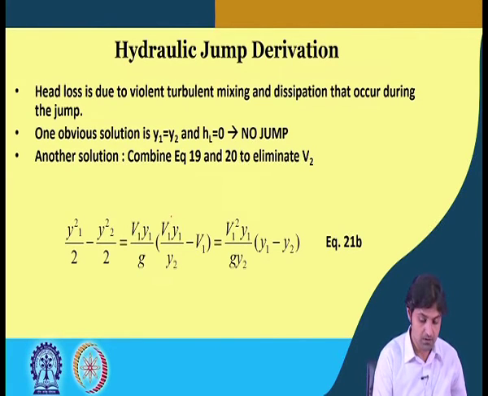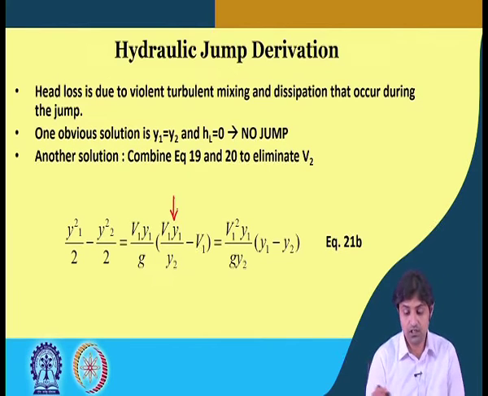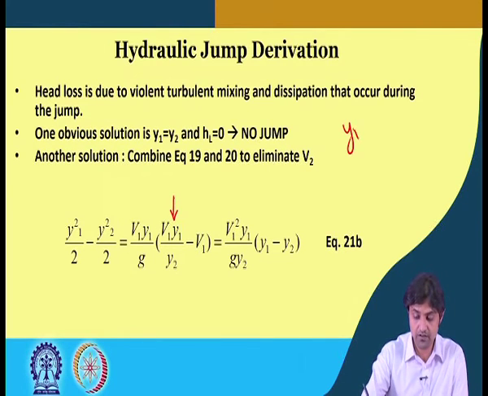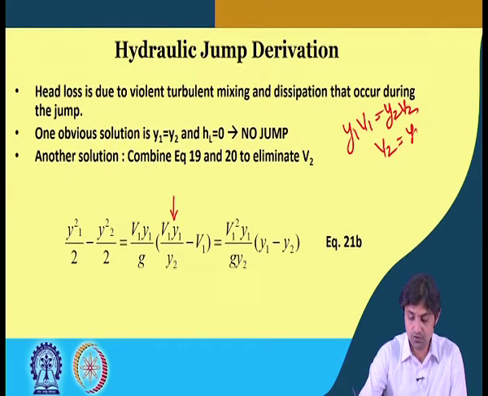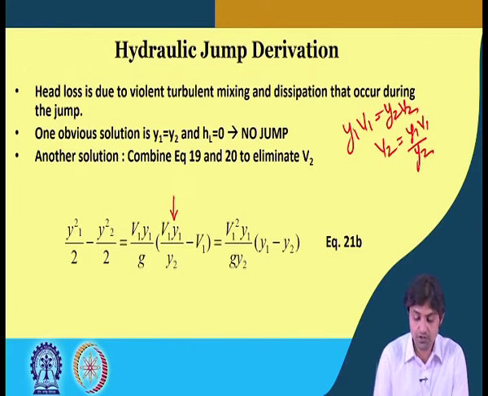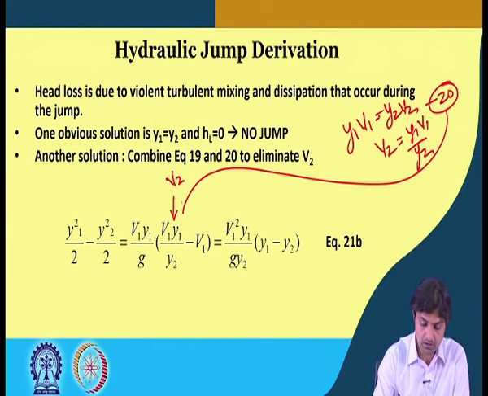Using the continuity equation y1 V1 is equal to y2 V2, we have written V2 is equal to y1 V1 by y2. So, instead of V2 we have used equation number 20 here, and we can take one V1 outside as well.